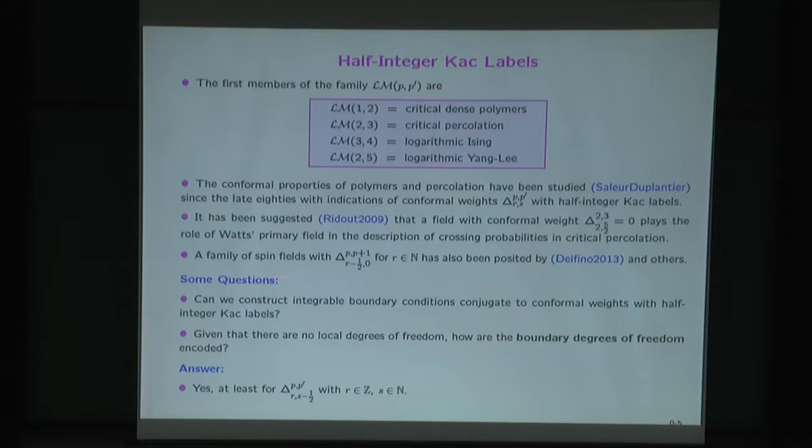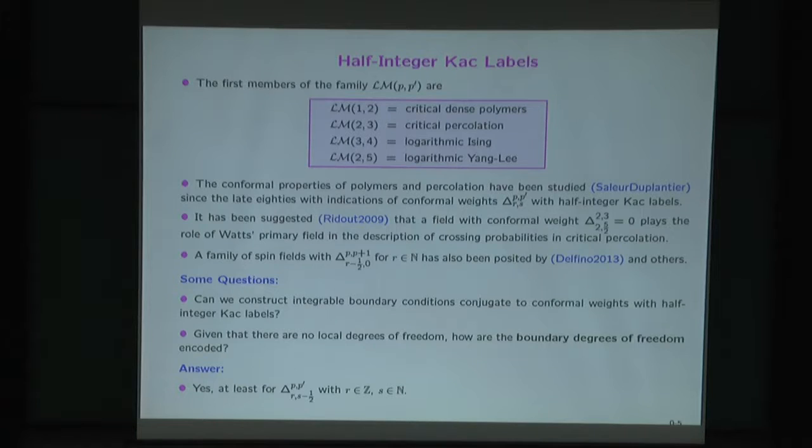Since then a number of authors, in particular Delfino in 2013, have identified further conformal dimensions with half-integer Kac labels that play a role in the CFT description of these logarithmic minimal models.